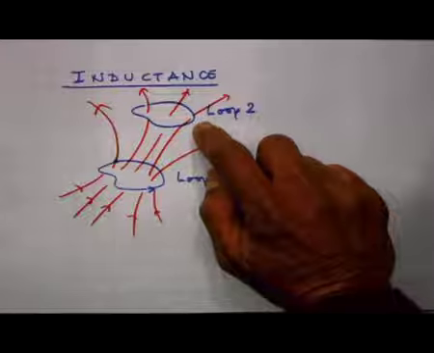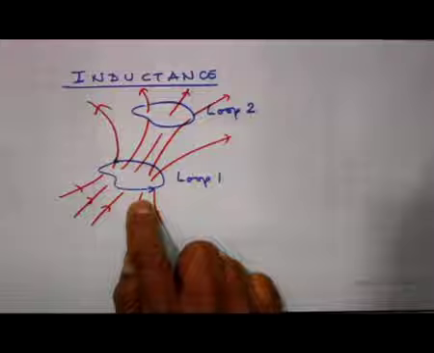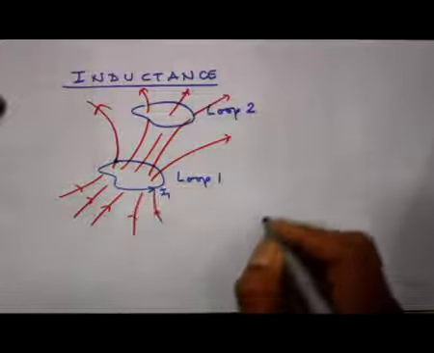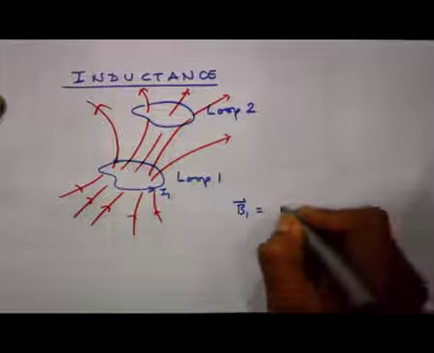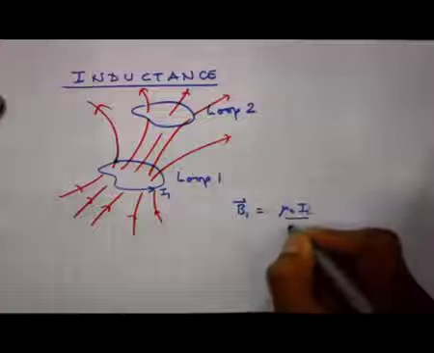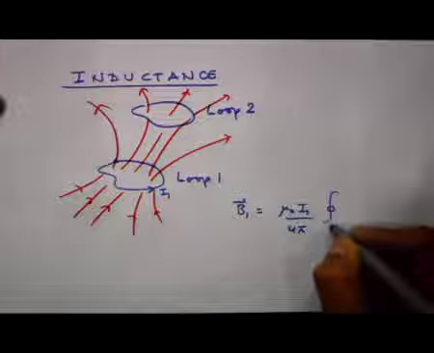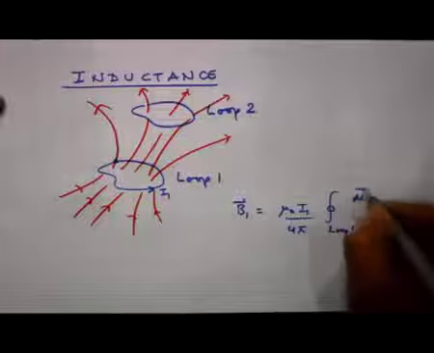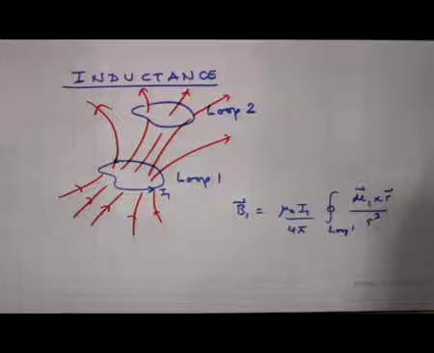Now, notice that the magnetic field produced by loop 1 is proportional to the current passing through loop 1. Suppose I call the current I 1. Remember, the magnetic field produced by this current is mu naught I 1 by 4 pi integral over loop 1 of d L 1 cross R by R cube. We have seen the Biot-Savart law before.